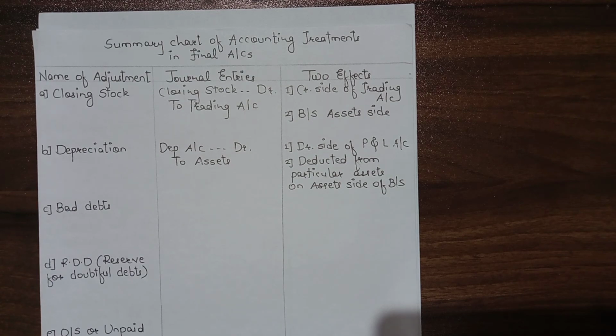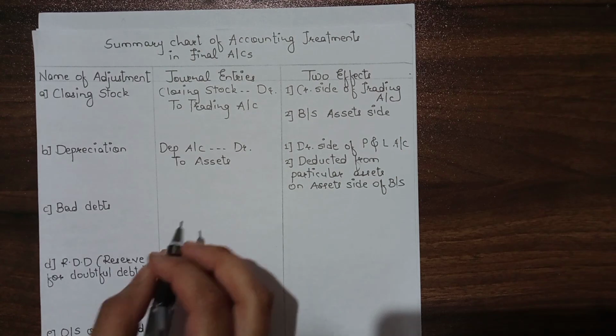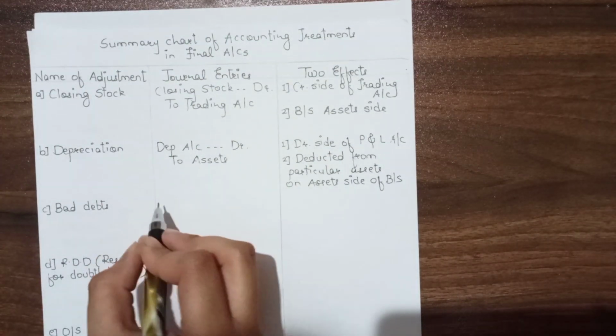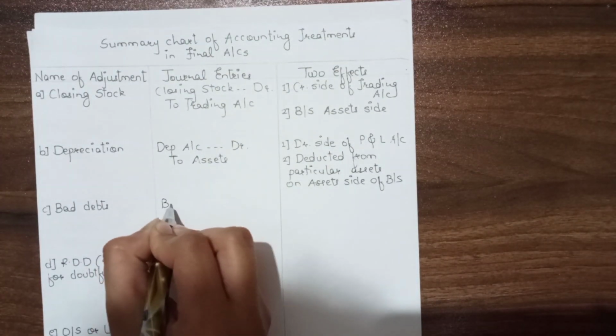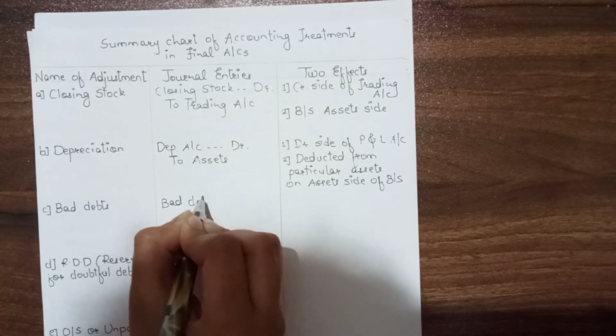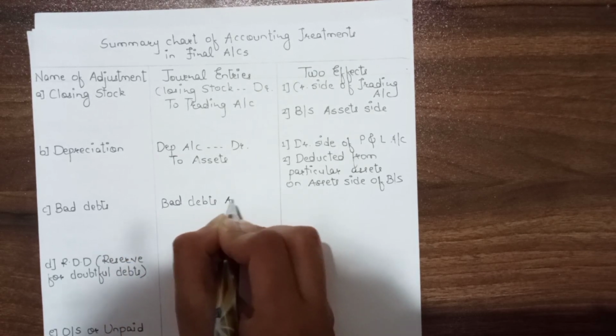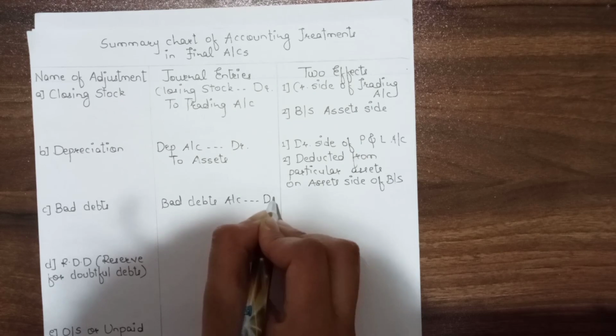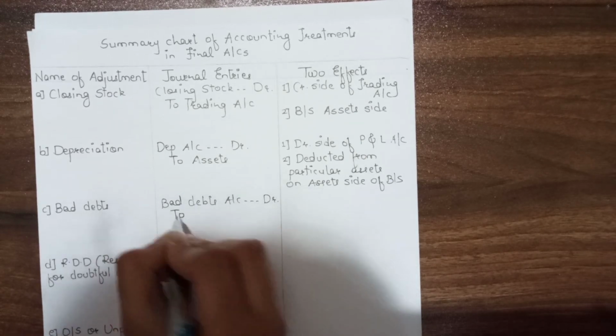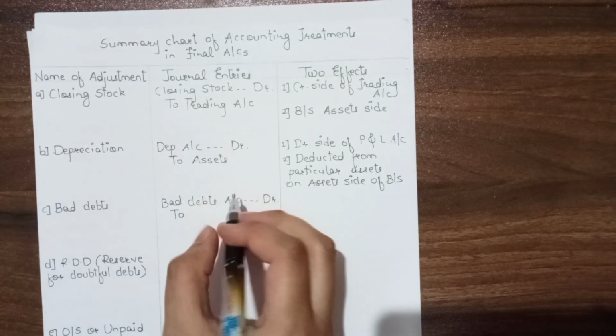Now bad debts is also going to get a debit effect because this is our expense. So we will write here: bad debts account debit to debtors account.